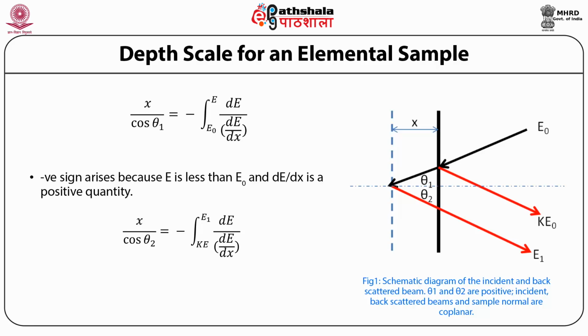The negative sign arises because E is less than E0 and dE by dx is a positive quantity. Similarly, the outward path is related by the equation x divided by cos theta 2 is equal to minus the integration from the kinetic energy to E1 of dE divided by dE by dx.